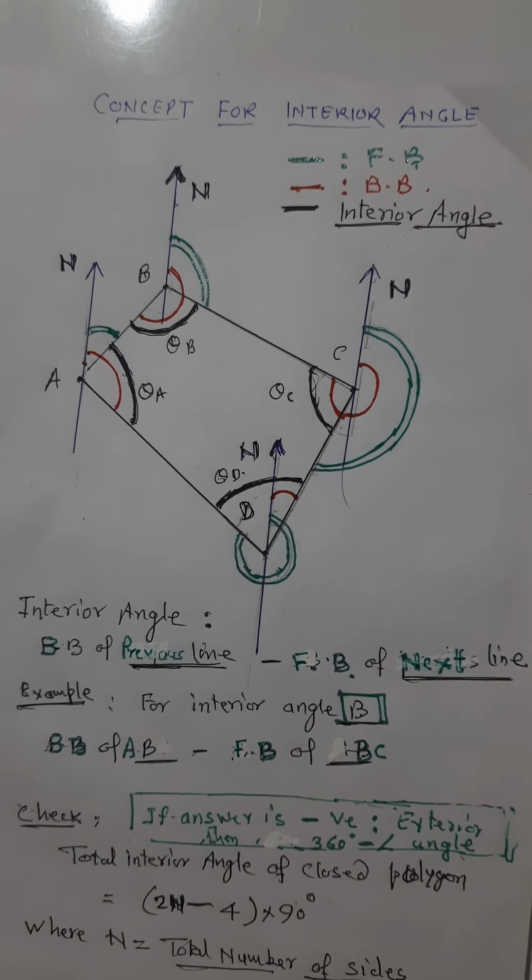And as we have already seen, the difference between the foresight and the backsight must be 180 degrees.